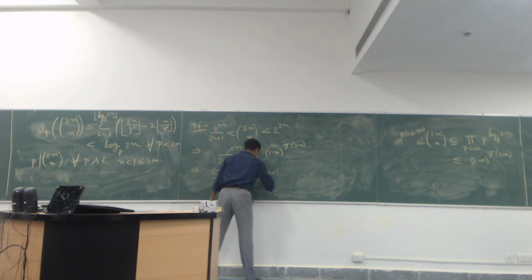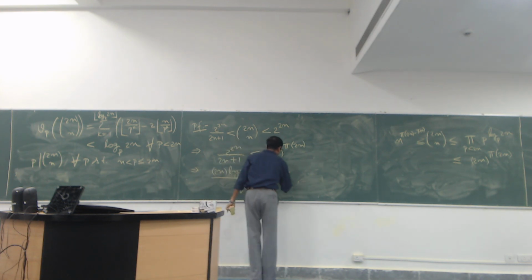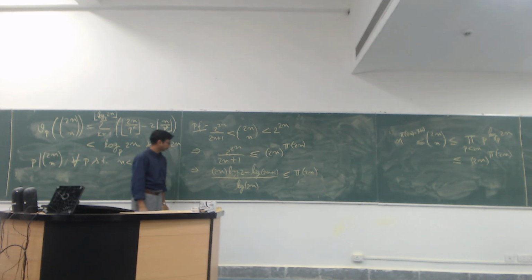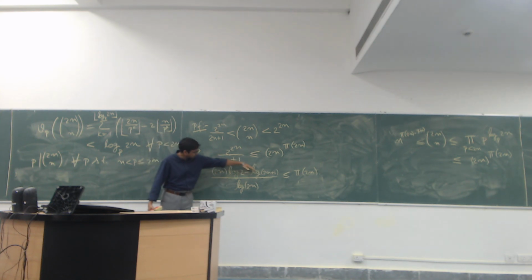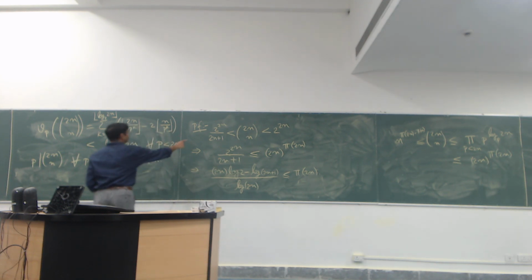So divide this by log 2, and this will be less than or equal to pi 2n. So you have this 2n by log 2n that we go for, but besides log 2 there is also this one, which is actually much smaller than this. So you can bound it by, what I want to say is that this would be larger than some constant times this by this, but we can make it clearer in this manner.